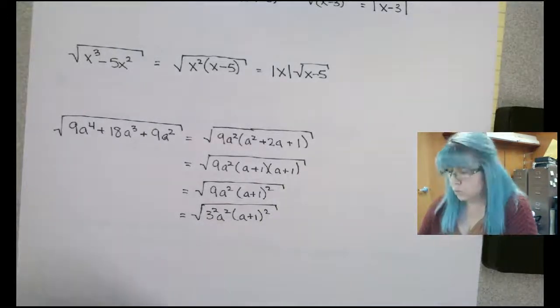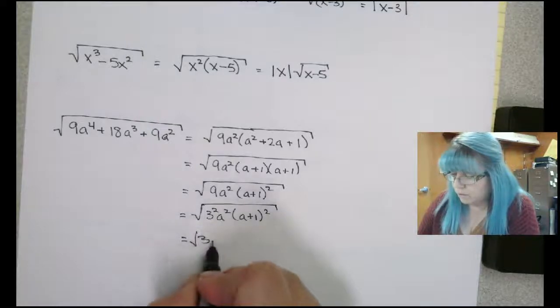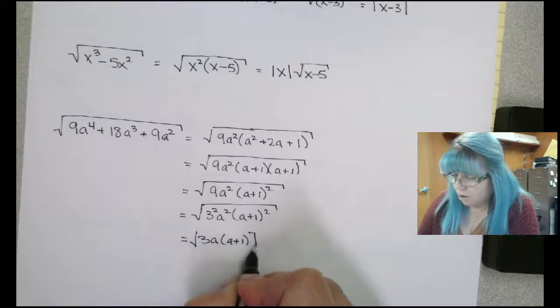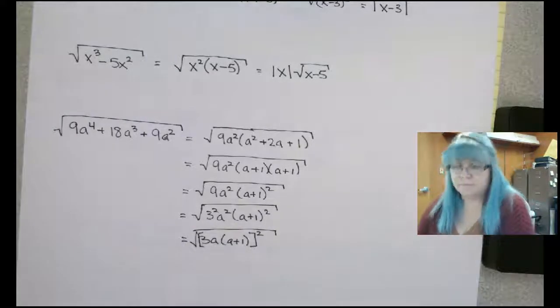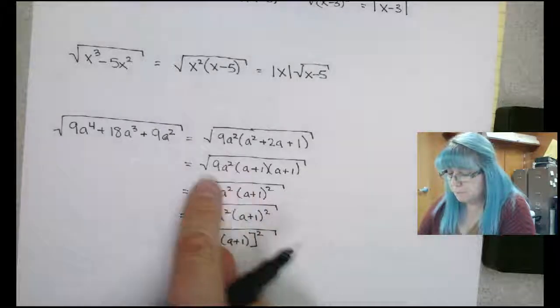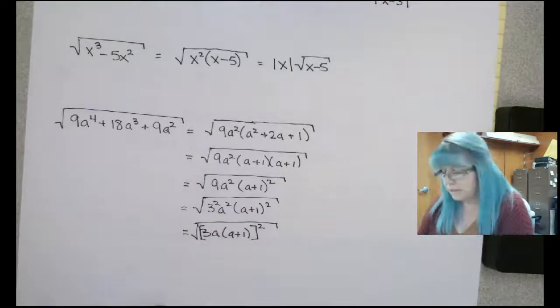Using my exponent rules, that will be the square root of 3a times a plus 1, all squared. Okay. You didn't have to. You could do it step by step here and keep bringing things out, but I'm just going to do it all in one fell swoop.